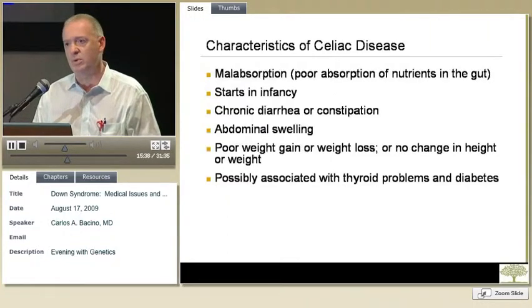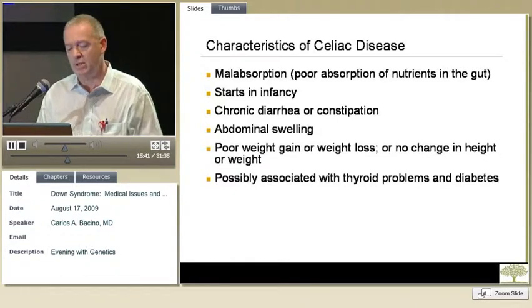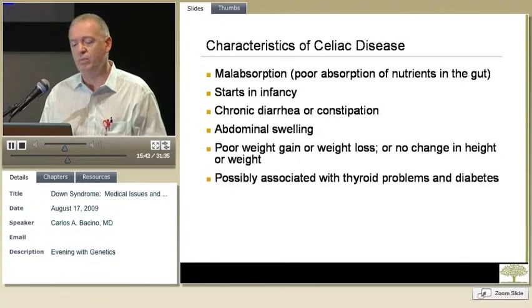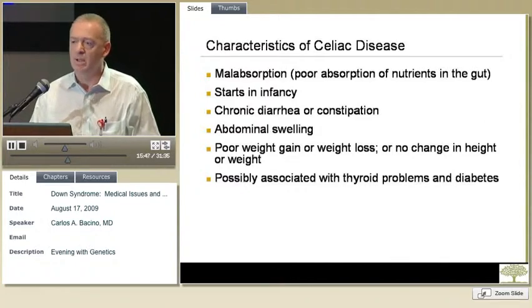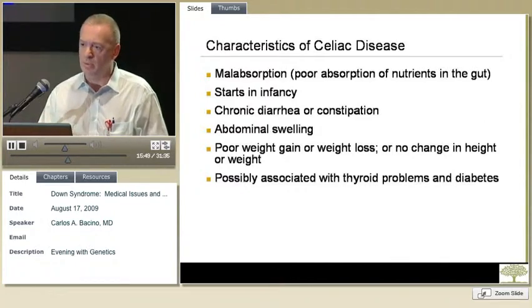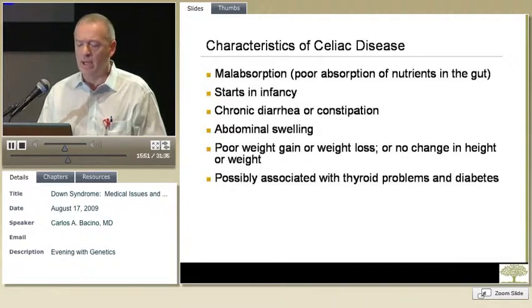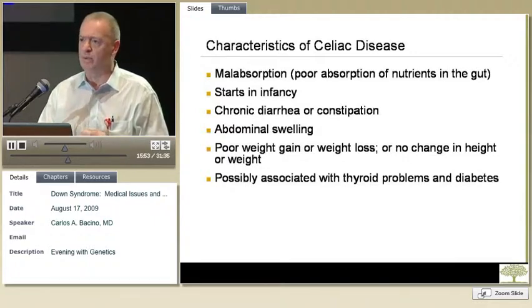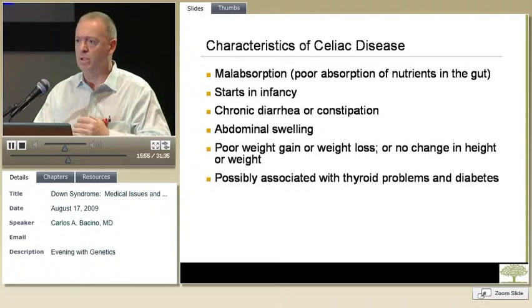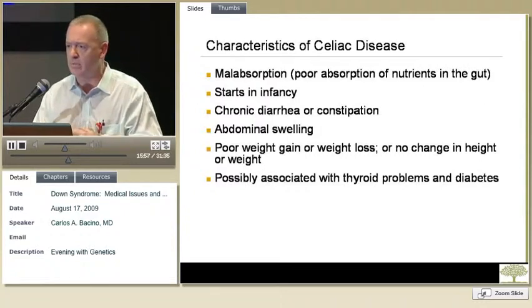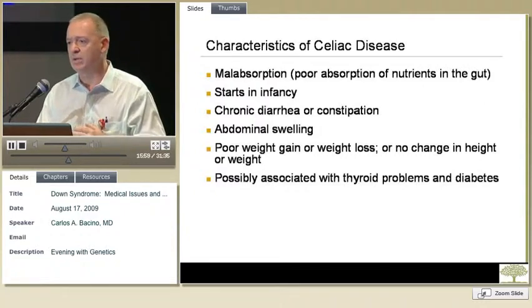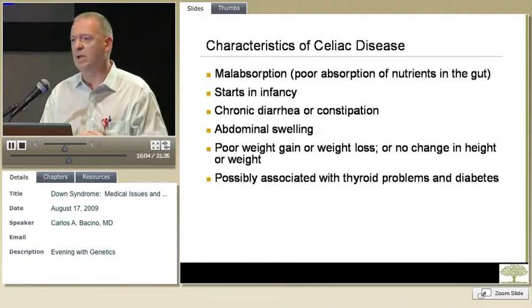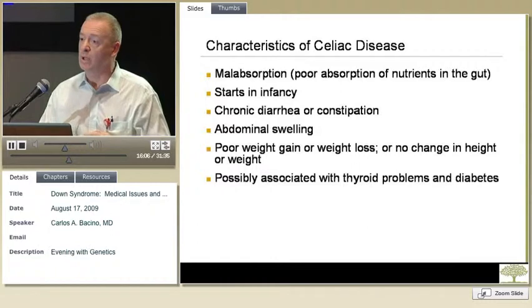So what are the symptoms? What happens when you have celiac disease? Well, first, what you see is what is called malabsorption, meaning that the gut can no longer absorb the right nutrients. That causes a number of things: it could result in poor growth, problems with constipation or chronic diarrhea, sometimes with some abdominal swelling.